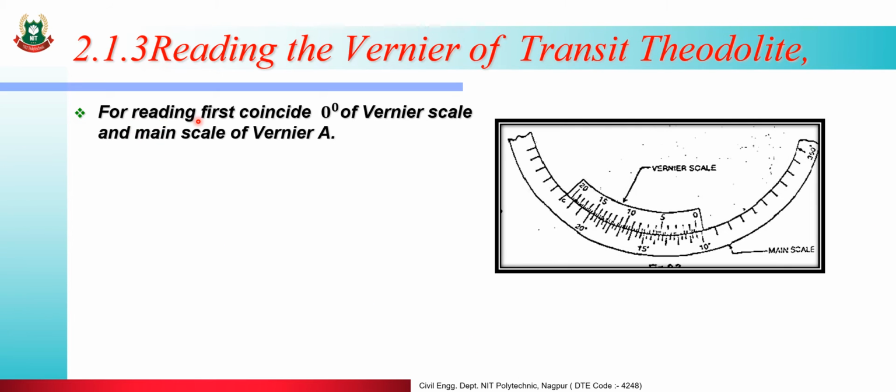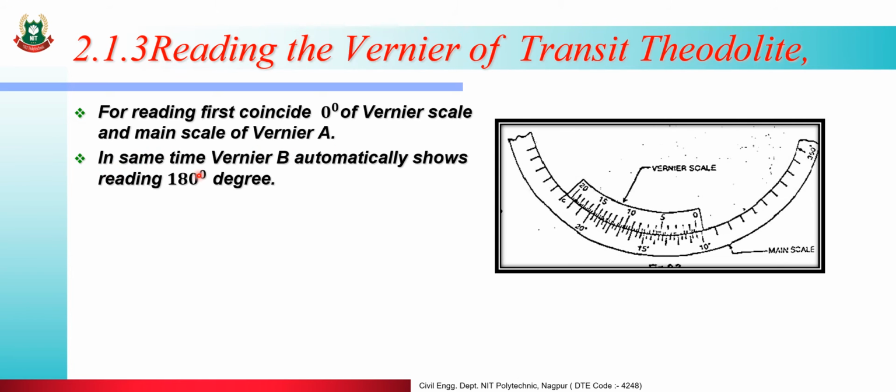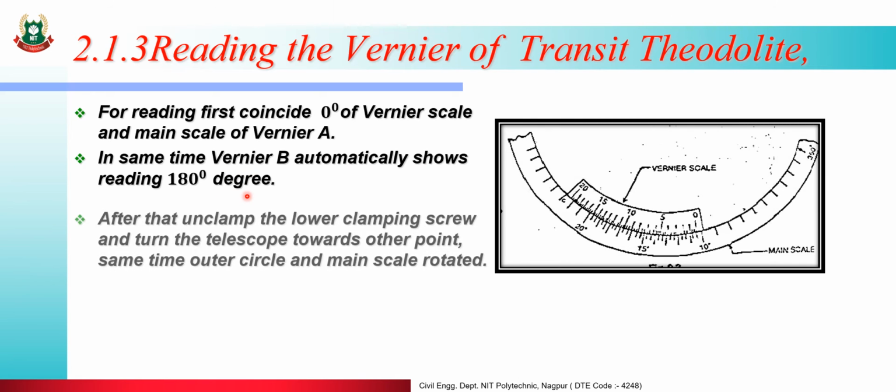For reading, first coincide the 0 degree of the vernier scale and the main scale of vernier A. When we measure any angle, first of all we set vernier A to 0, then automatically vernier B will be set at 180 degrees. At the same time vernier B automatically shows the reading 180 degrees.